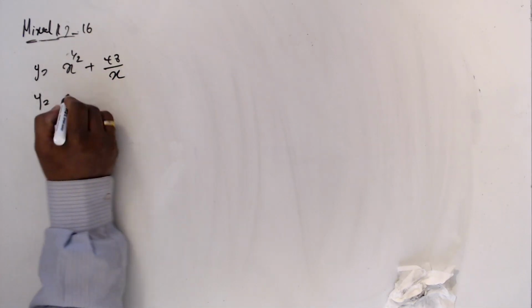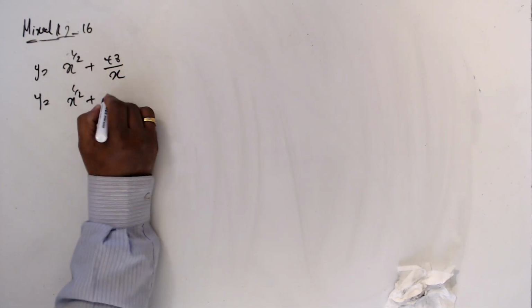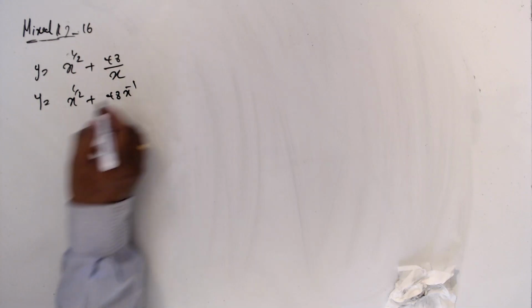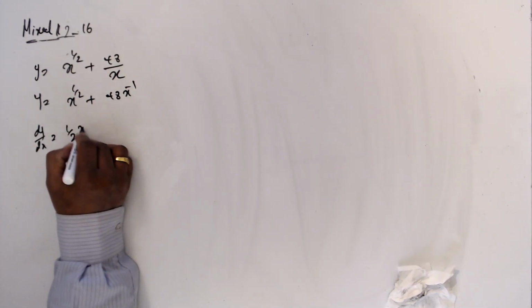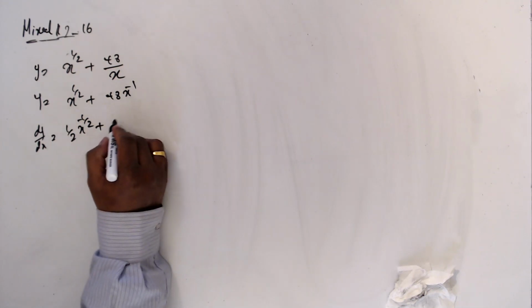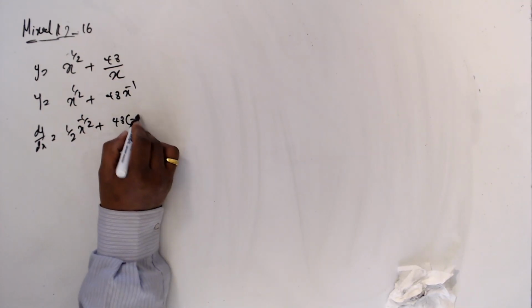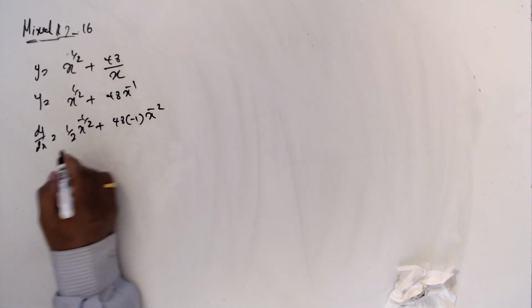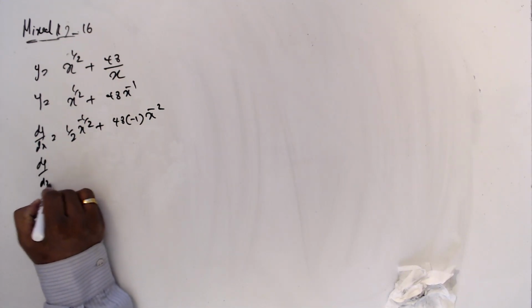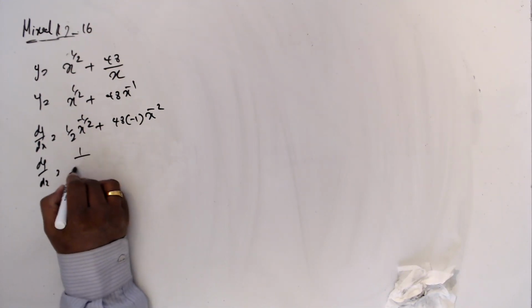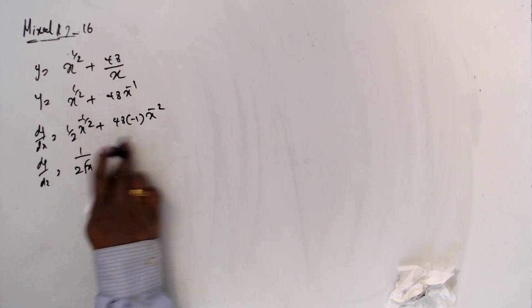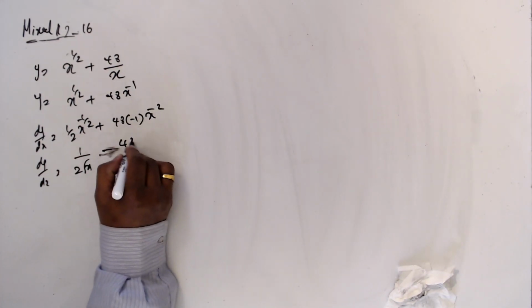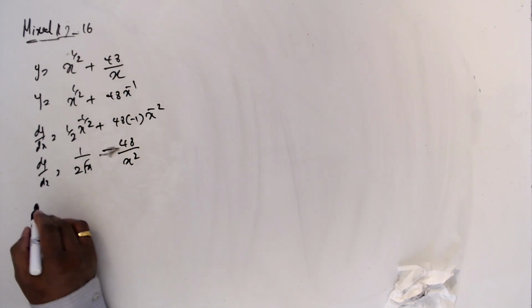So y equals x to the half plus 48 over x minus 1. Then dy over dx is half x to the minus half plus 48 times minus 1 times x to the minus 2. So dy over dx is 1 over 2 square root x minus 48 over x squared.